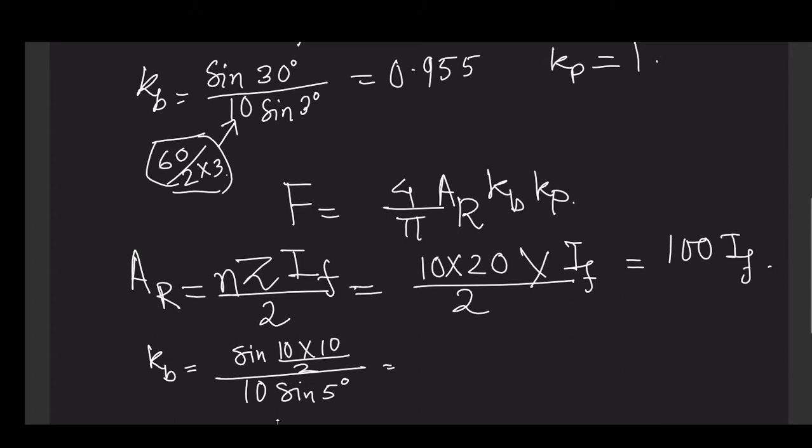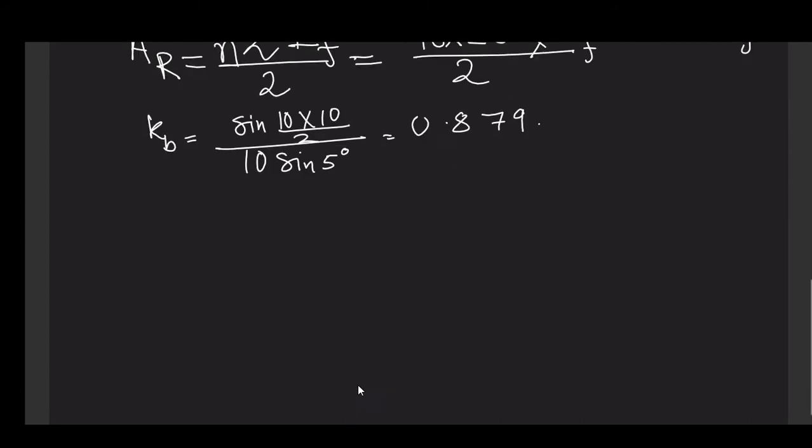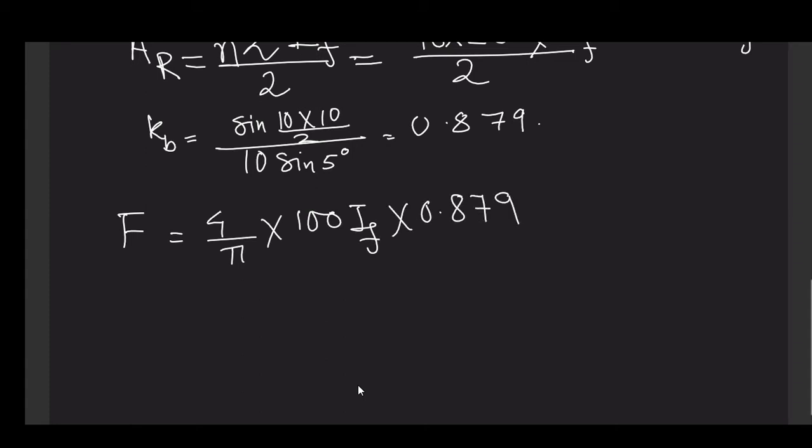What we find from here is that it gives us 0.879. So your total A will be this much. KP is 1 because coding is not mentioned.